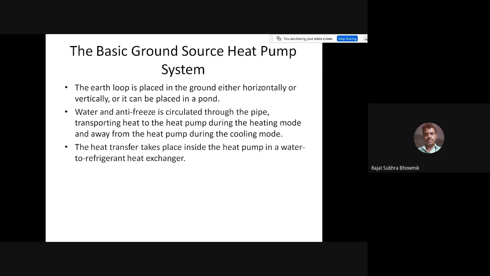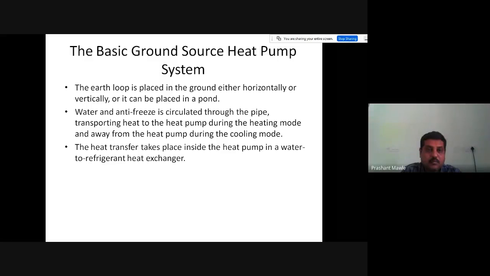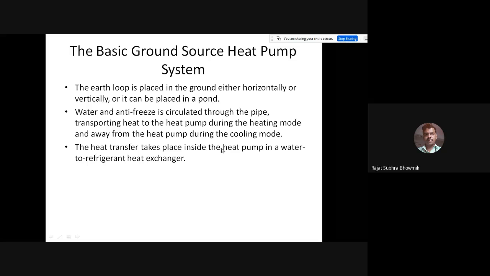The water loop inside this ground loop normally uses water with an antifreeze solution, because some portion of the water may solidify into ice. So antifreeze solution is mixed in to prevent phase change. Heat transfer takes place inside the heat pump, from water to refrigerant.